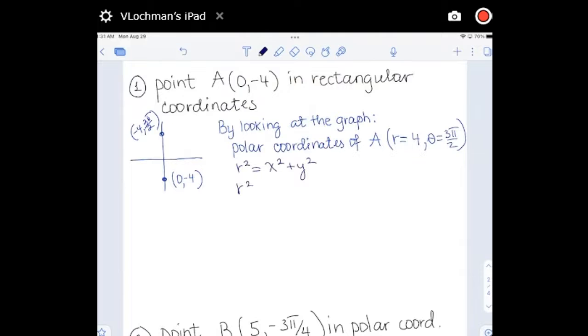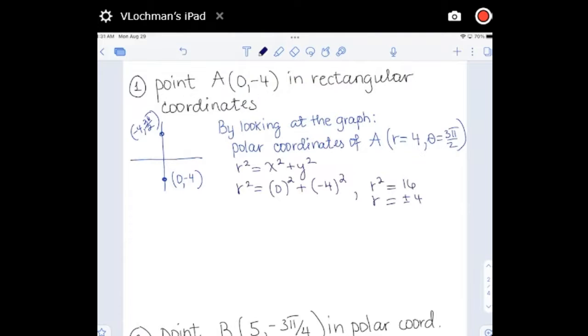R squared is equal to 0 squared plus negative 4 squared. I'm just plugging in the coordinates of that point A into this equation. And here I get r squared is equal to 16. So technically r is equal to plus or minus 4, but you can just pick one.